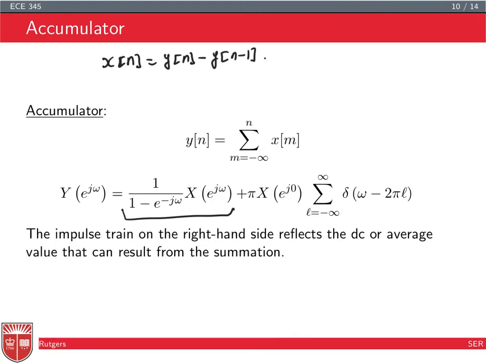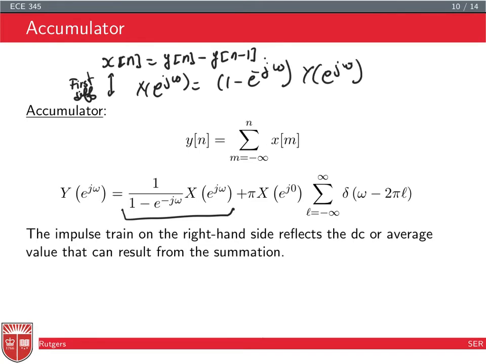Which means that if y[n] is the integral, then x[n] is the derivative, meaning x[n] is the first difference, which we did on the previous slide. So we know from the previous slide that X(e^{jω}) is equal to 1 minus e^{-jω} times Y(e^{jω}). And this is what gives me this part here.